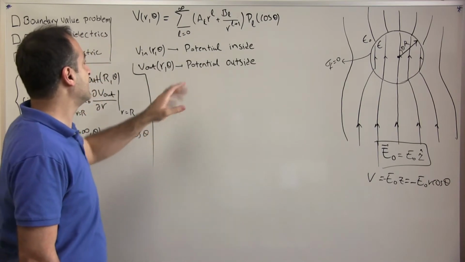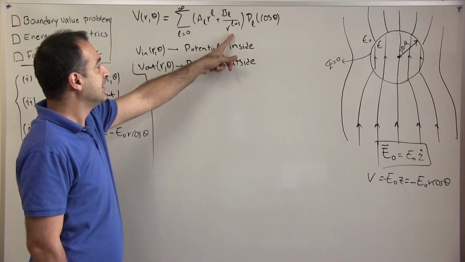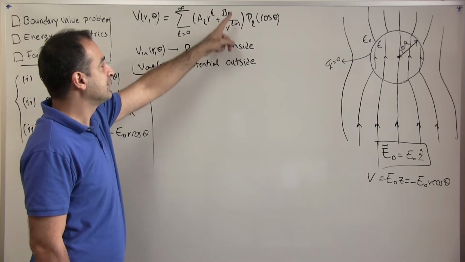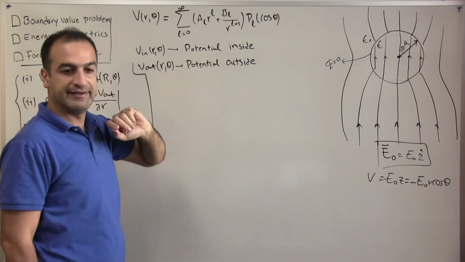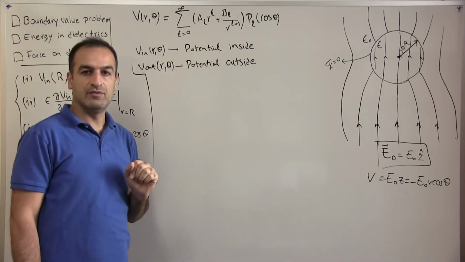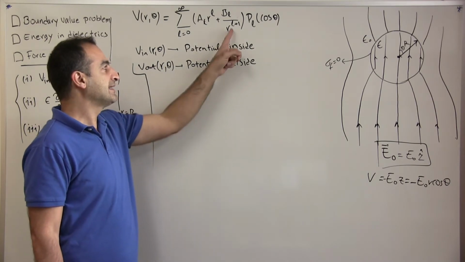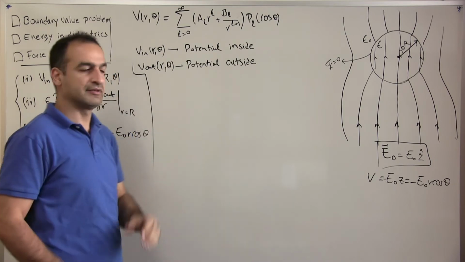Now, if you look at this general solution, the second term in the R function, which is B L over R to the L plus 1, we need to get rid of that for V in. Why? Because if we include that at R equals 0, this term is going to blow up, and we don't want that.